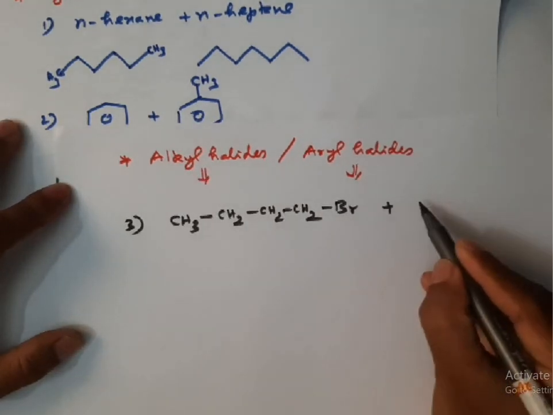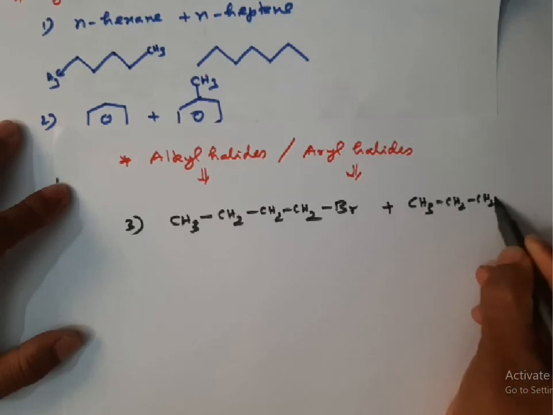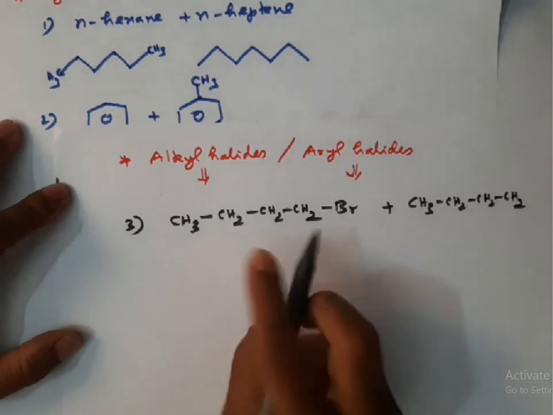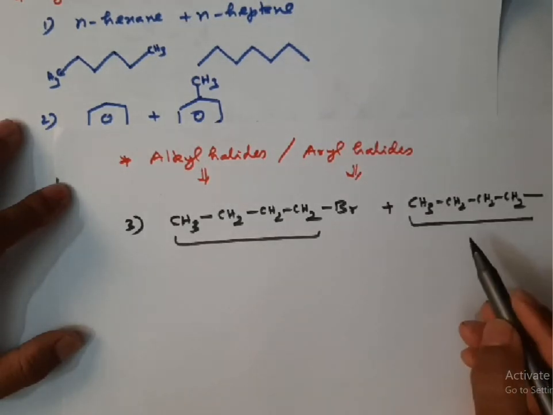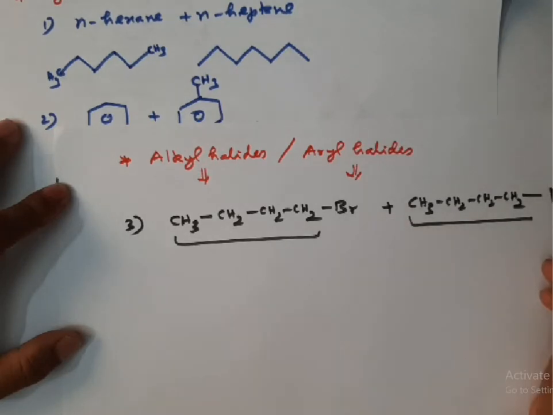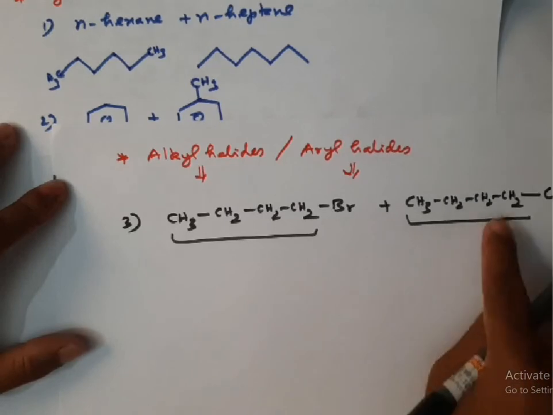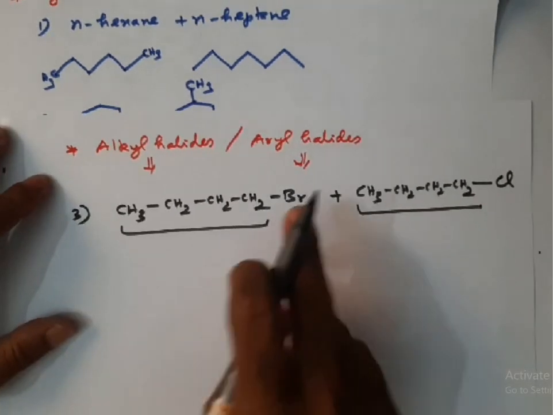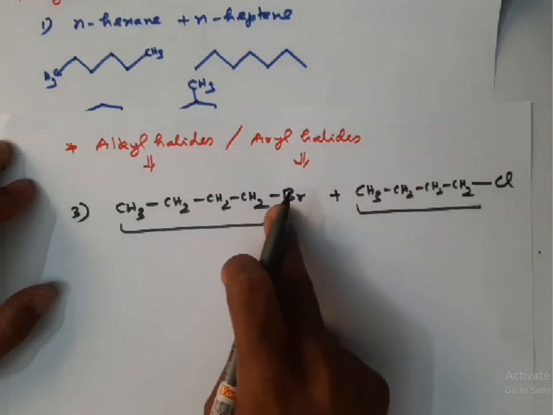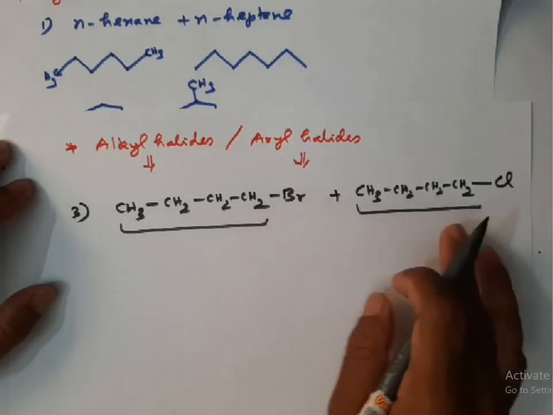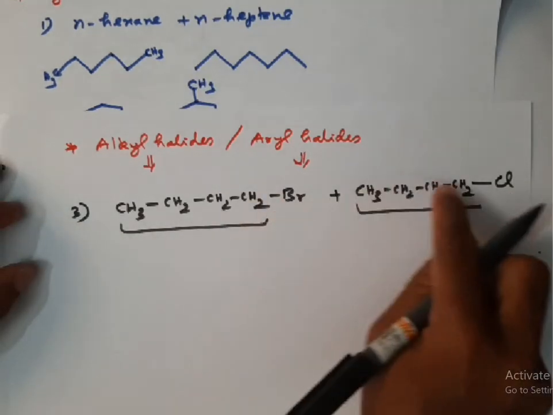Then I'll take another compound, CH3, CH2, CH2, CH2, the same butyl group, and now add chlorine. This is N-butyl chloride, or 1-chlorobutane, and this is 1-bromobutane. The same alkyl chain is there. What is the difference? Here I have bromine, here I have chlorine.